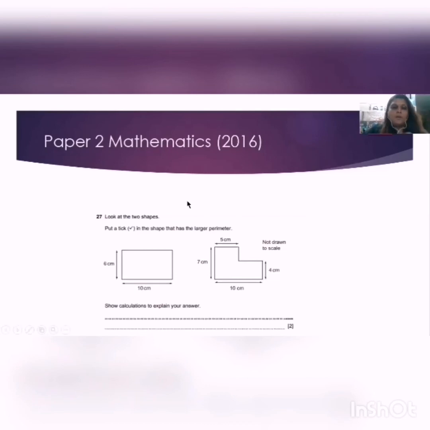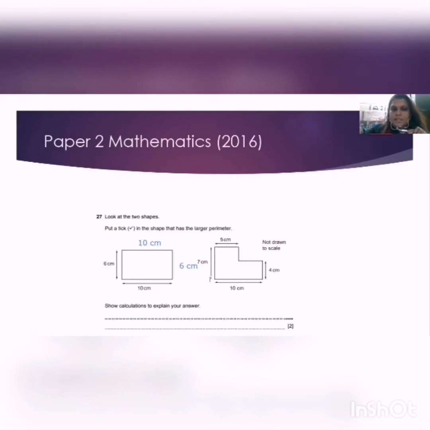Now let's look at the information already given. We have 10 centimeters here, therefore we have 10 centimeters over here, and this side will be 6 centimeters.